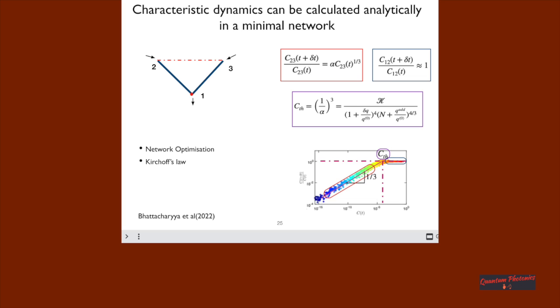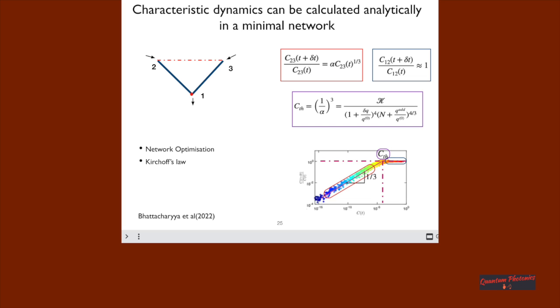What this all means is that the analytical prediction using this very simple minimal network, showing the same dynamics of link conductances, this irreversible dynamics, also tells us that the adaptation dynamics itself is what is leading to the memory formation in the network morphology.